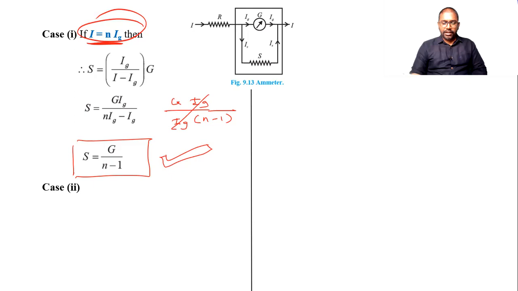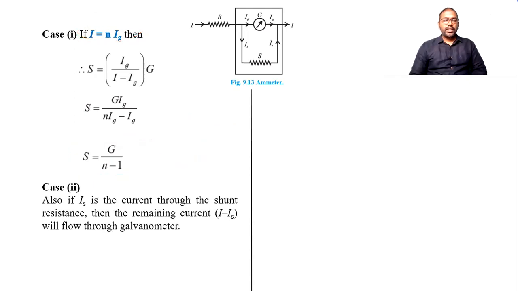Similarly, case 2 we can learn. Case 2: if IS is the current through the shunt, then I minus IS is the current through the galvanometer, since I is equal to IG plus IS.